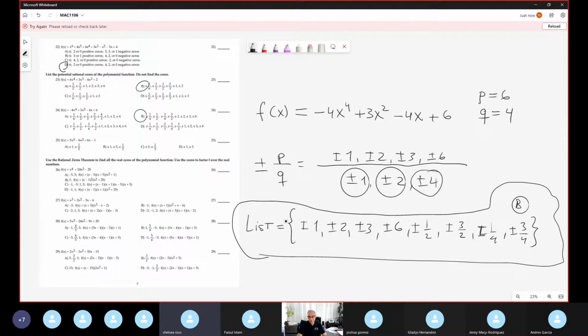And maybe when you finish, not necessarily everything is true, or there are examples in which the list of potential rational zeros does not actually contain a zero. It's just a prediction, just an indicator.